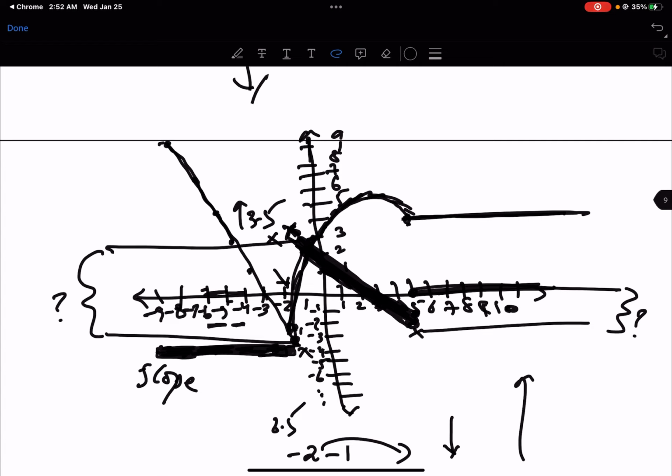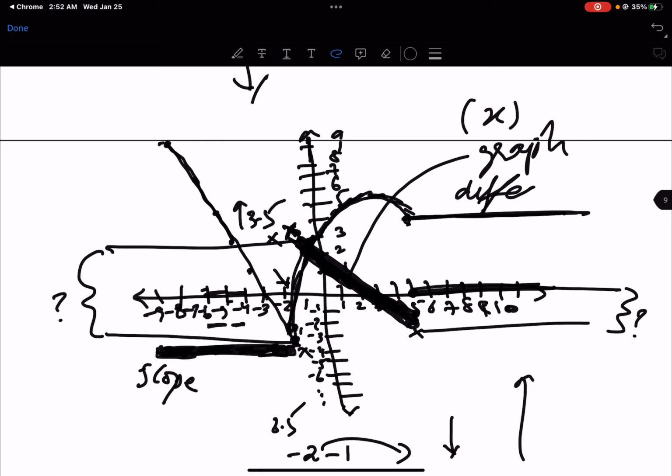So now we call this that your graph or your x value is not differentiable or undefined. Differentiable, undefined, it cannot be defined at the value of -2, and at the value of +5.